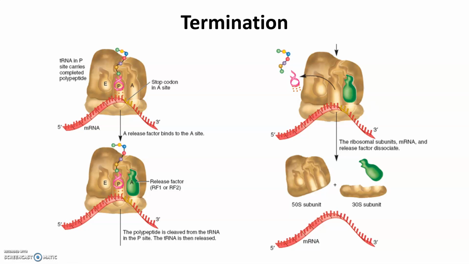We have the small subunit that interacts with the tRNA and the mRNA, and then the large comes on. Then we keep coming in, finding complementary tRNAs over and over again to build our amino acid sequence or polypeptide. We encounter a stop codon, release factor comes in, everything dissociates. These things can be recycled.